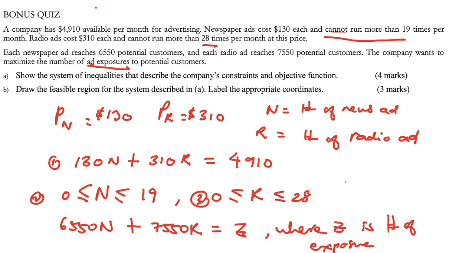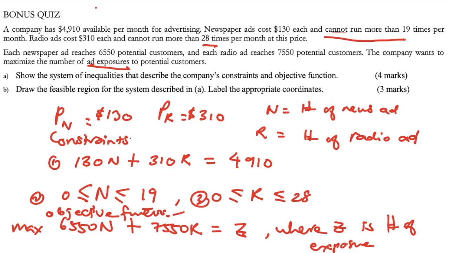So this one we maximize. This is the objective function, and these are the constraints. That's it. Okay, next.